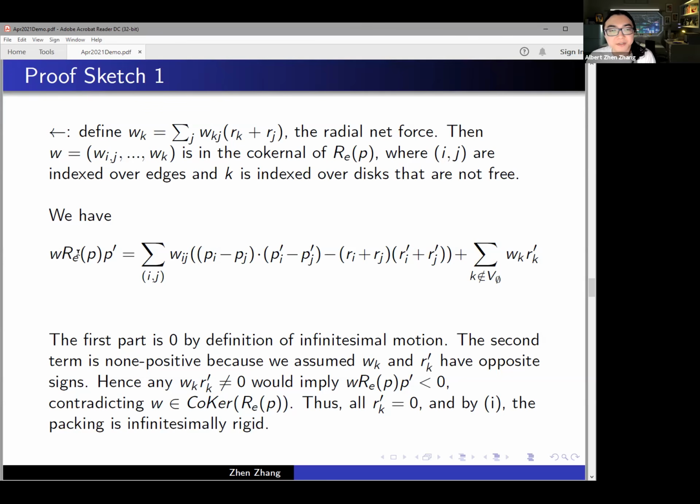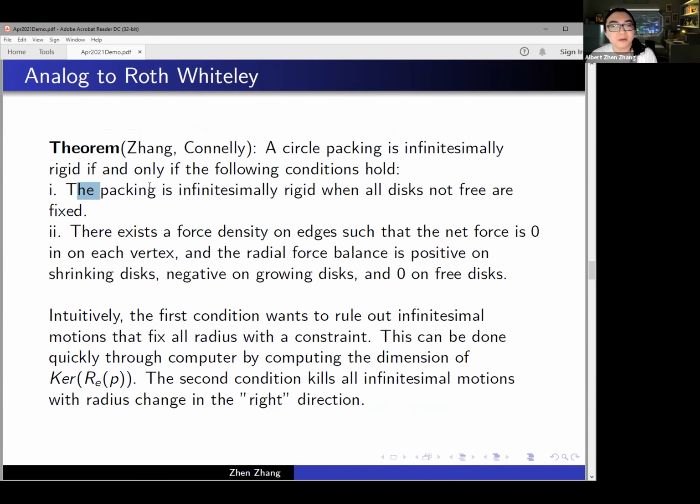And this contradicts the fact omega is in the co-kernel, because the co-kernel times the extended matrix is 0. You can't be negative. So all the r primes have to be 0, which says if you can find such a stress with correct sign, you cannot change any radius of constraint disks. And by condition 1, if this is true, we have infinitesimal rigidity.